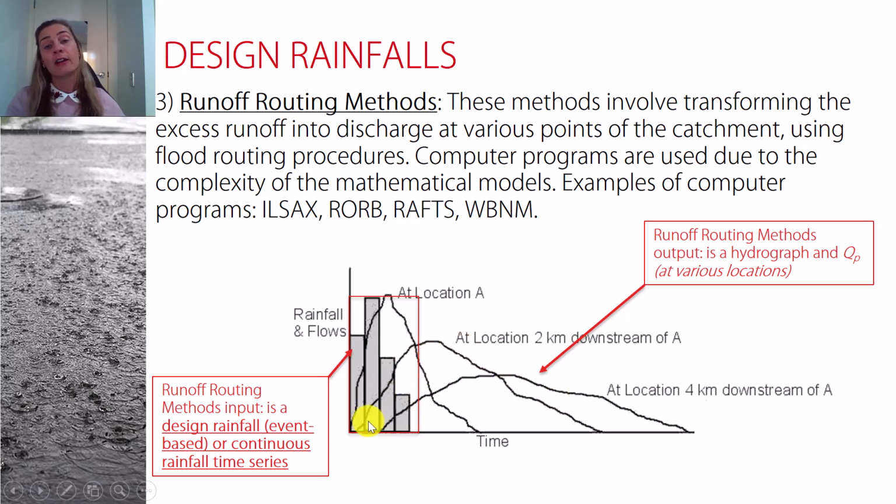If we have continuous readings, continuous records of rainfall, let's say a time series of rainfall, for example, day after day, one rainfall per day, then the output of the model will be a time series of the hydrograph.